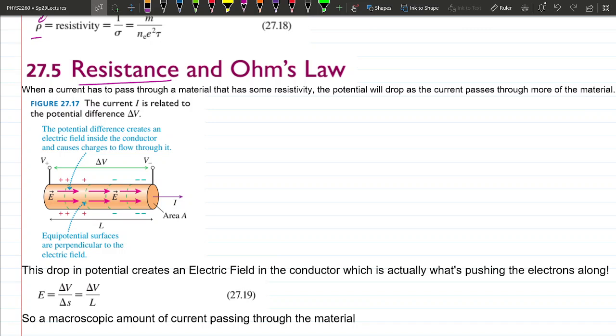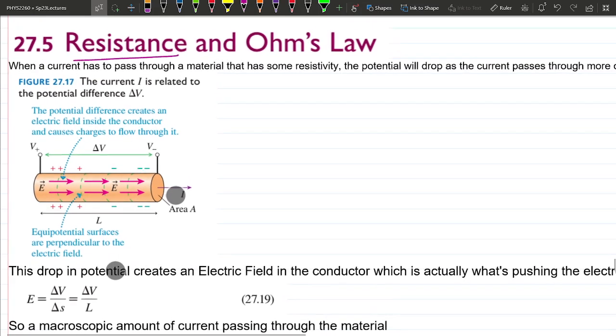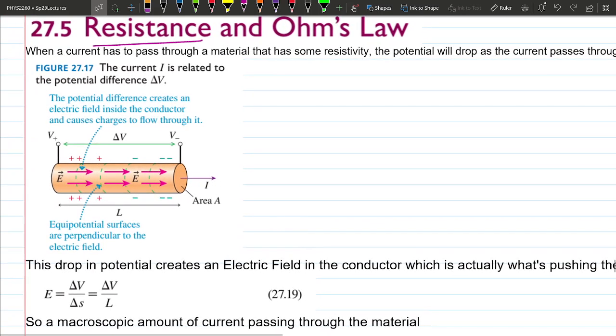Okay, so now let's keep thinking about what actually happens when the current is passing through a conductor. So this little gold column is once again our conductor. Just imagine it's made of copper or something like that. I know that it is actually the electrons that are moving.